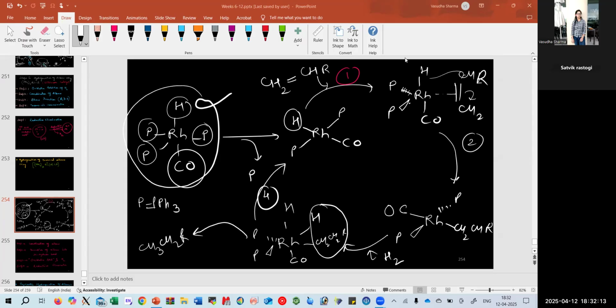In the earlier case, when four coordination is possible and we have left one phosphine, the two moieties can come over there. Here it is already having a four coordination around it, so it is firstly involving the alkene to coordinate and participate. Is that clear now?